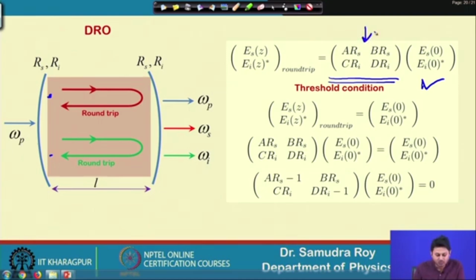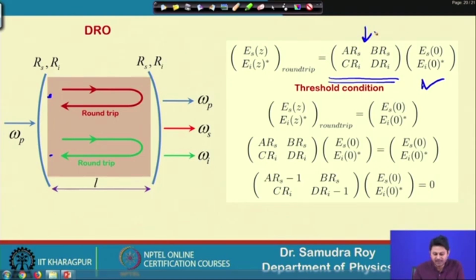So, now once we have this matrix in our hand, we can have a relationship between Es(0), Es(Z) and Ei(0), Ei(Z). From this relation we can have the condition of gain for Es.